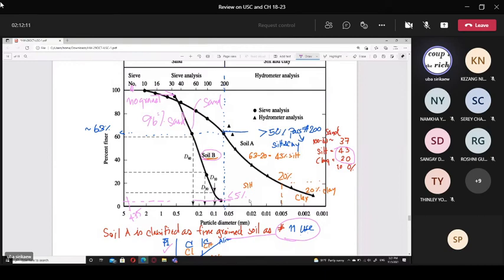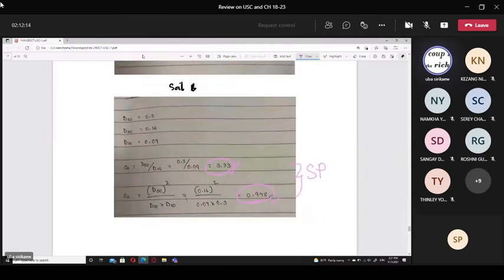Then the group should be SP, because CU is less than 6. CC is not required, because if you need CC for SW, you got CC only 0.9. So it doesn't meet the requirement for SW. So you get only SP. This is group number 5.